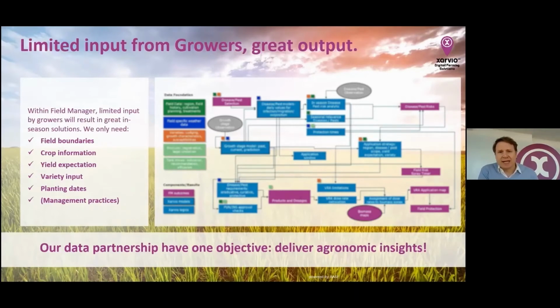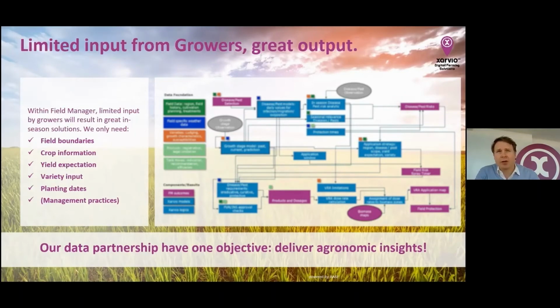If you see this slide, don't get scared by the flow chart on the right-hand side, but I would quickly like to explain how our solutions are developed and what input is needed from the growers to have a great output.